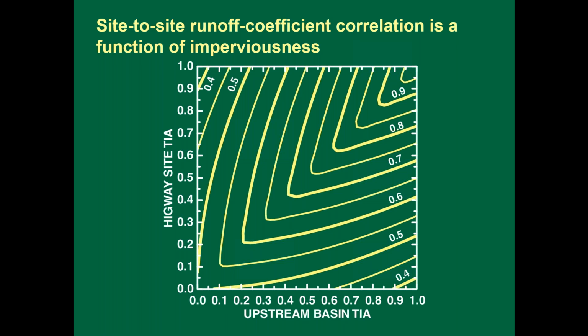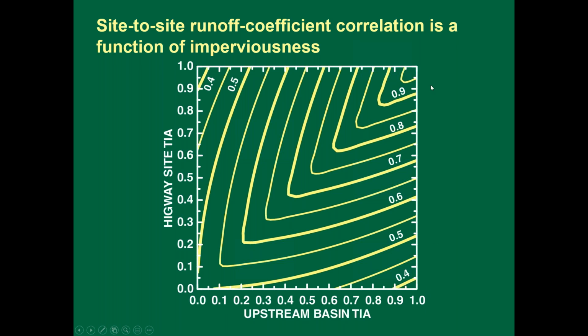No one's collected this data, but we consulted with a number of national experts, and we came up with this method. We have the highway site imperviousness from 0 to 1, or 0 to 100 on the vertical scale, and the upstream basin imperviousness from 0 to 100 on the horizontal scale.